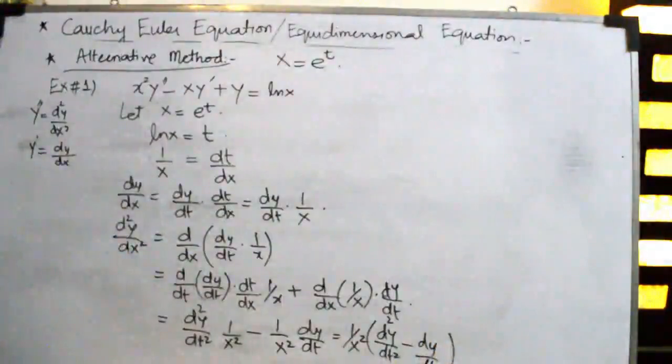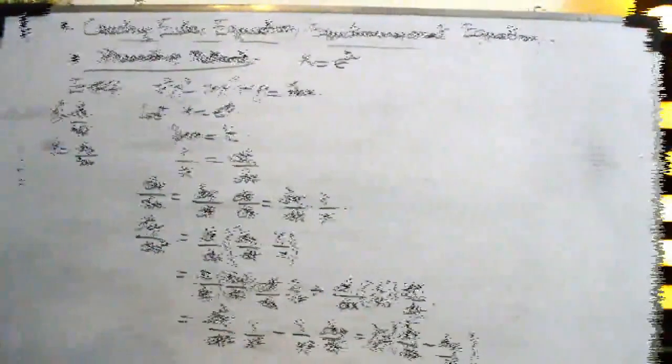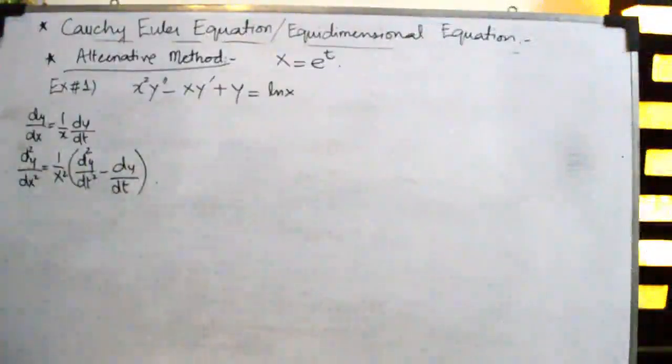So these are the derivatives, and we have to replace them in this equation. I have written dy by dx and d2y by dx square to use in the equation.